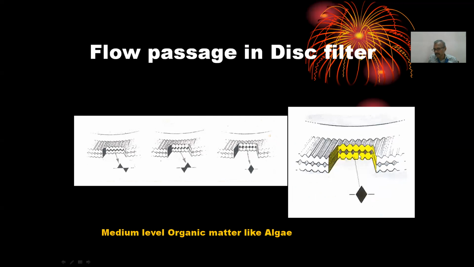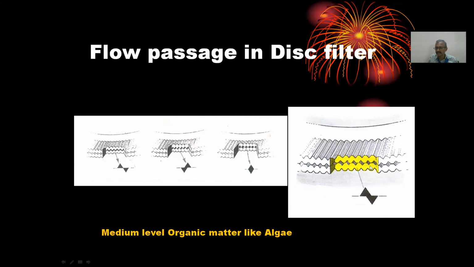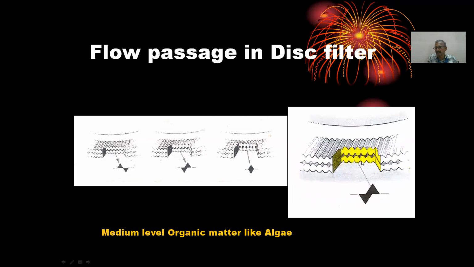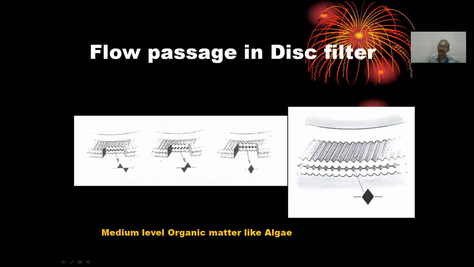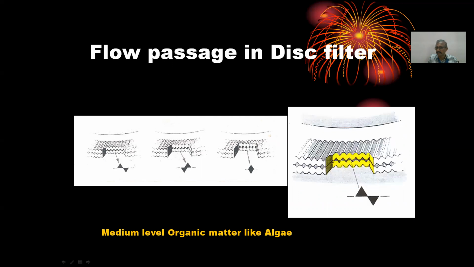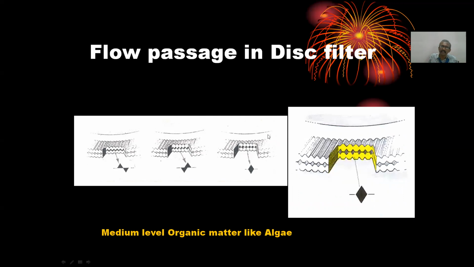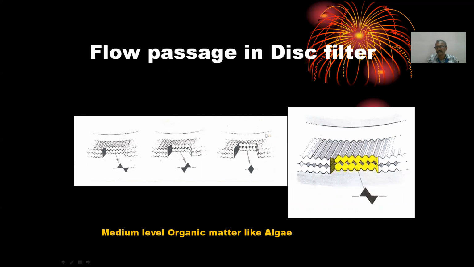When the shape of the flow passage changes, there is a lot of turbulence and change of direction, which causes the water to shed its impurities, and the impurities get trapped in between the discs. This is how the disc filter functions.